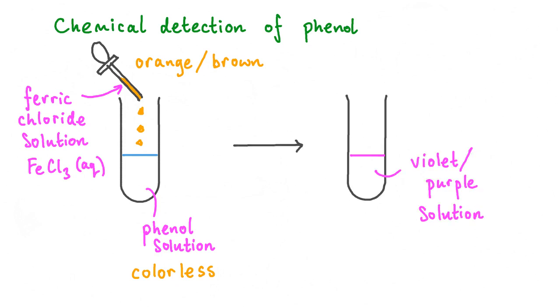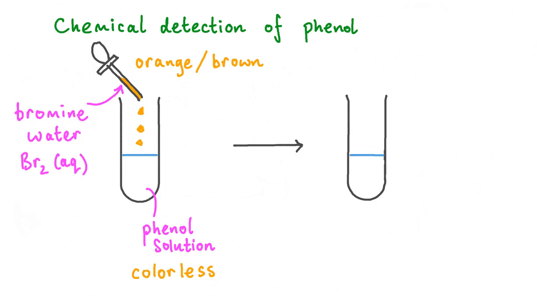The ferric chloride reacts with the phenol solution to give a violet to purple solution. Other phenol derivatives will react with the ferric chloride in a similar way. The actual colour of the complex ion formed will depend precisely on the phenol compound used.